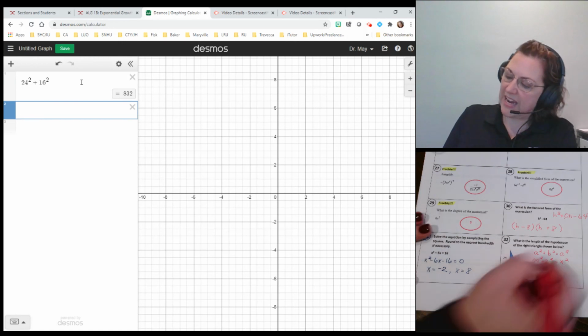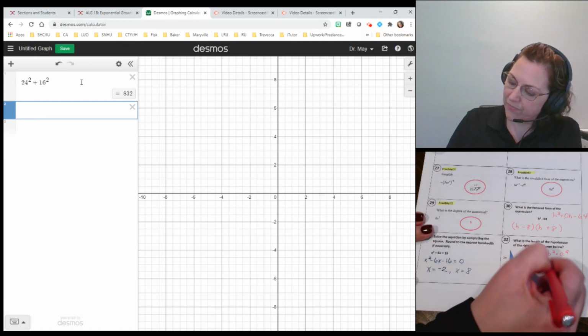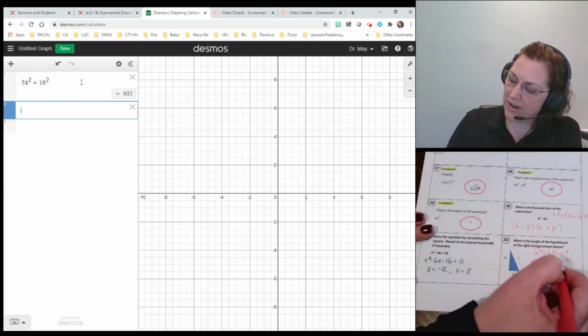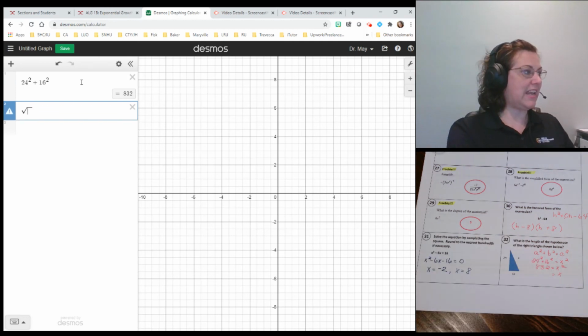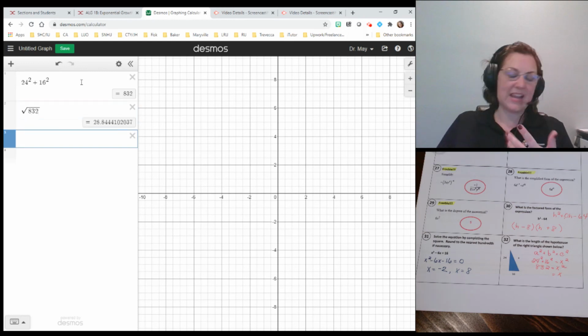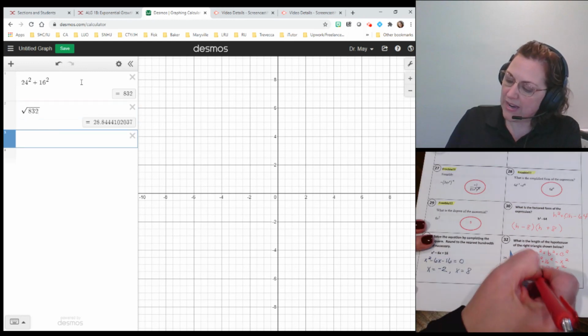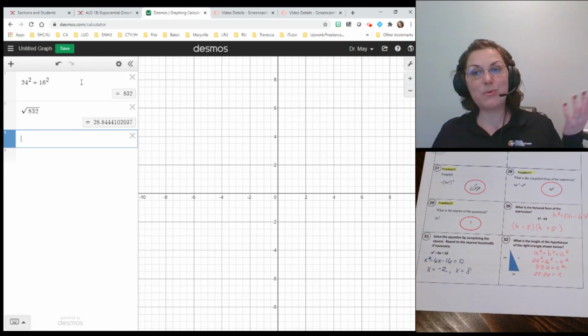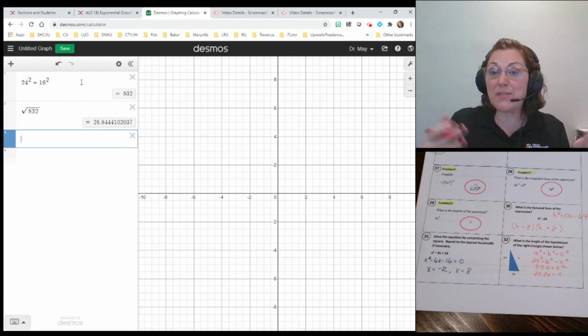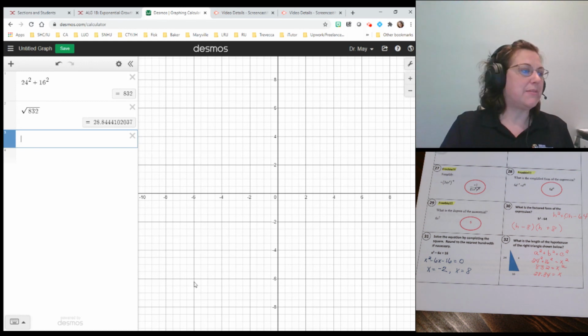See how it told me that was 832? And then I need a square root. So I'm going to do SQRT, puts that square root in there, 832, and I get a decimal, 28.84. If we want 28.8, whatever the answer choices lean themselves to be, that's what I would choose here.